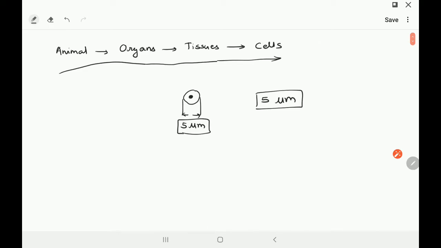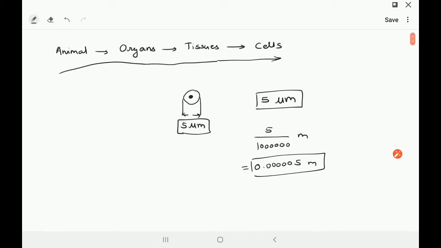What do we mean by 5 micrometers? 5 micrometers means 5 upon 10 to the power 6, that is 6 zeros, meter. That means it is equal to 0.000005 meter. This small the cell is, right?